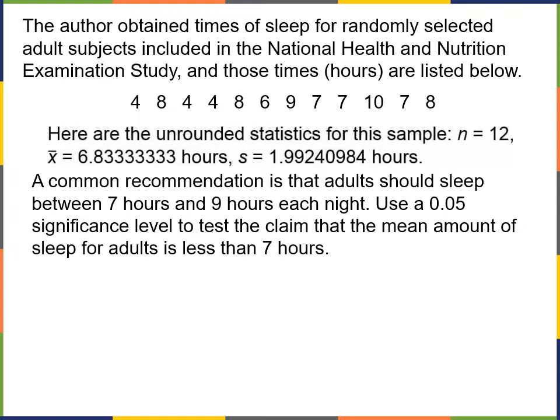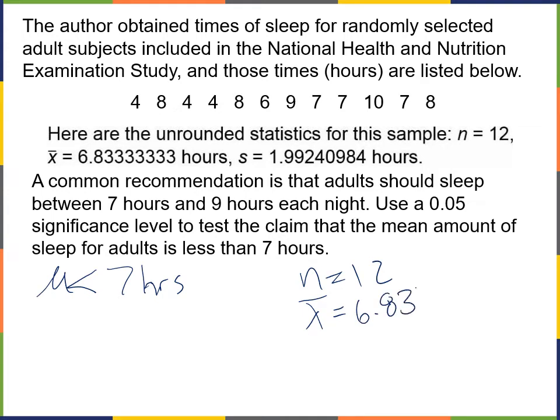The original claim is that the mean is less than 7 hours. Okay? And we know our sample size is 12. Our sample mean, we'll round this to 6.833, and our sample standard deviation we'll round to 1.992. Less rounding would be better, but 3 decimal places should be good.